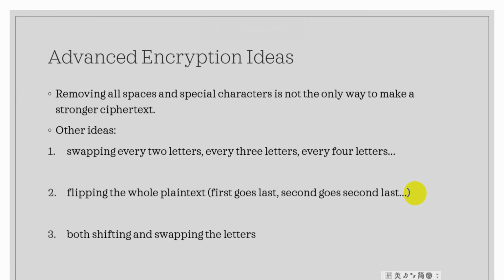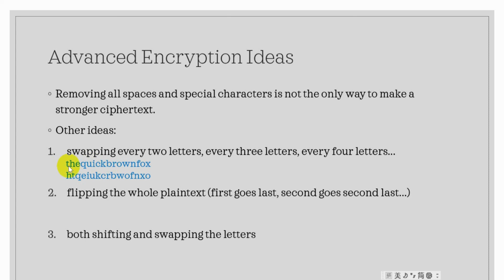Removing all spaces and special characters is not the only way to make a stronger ciphertext. Here I've made 3 other ideas, but there's way more ideas that people can think of. So these are just the 3 I thought of. The first one is swapping every 2 letters, every 3 letters, every 4 letters, etc. For example, we have the plaintext "the quick brown fox."